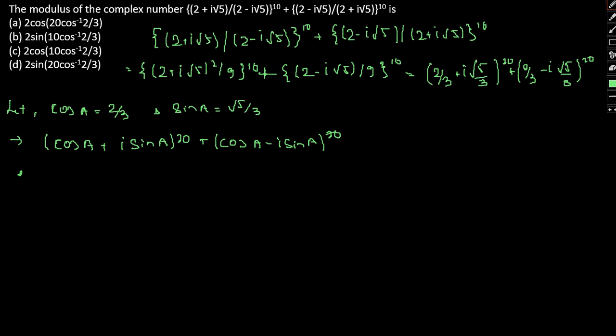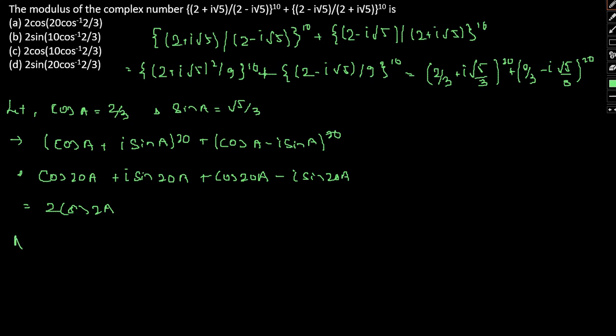If we further split the same, it will come as cos 20A plus i sin 20A plus cos 20A minus i sin 20A. So this is simply 2 cos 20A. So this is a simple representation of the formula.